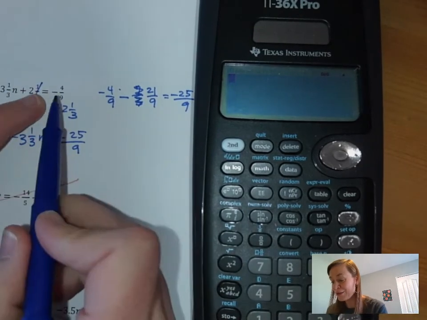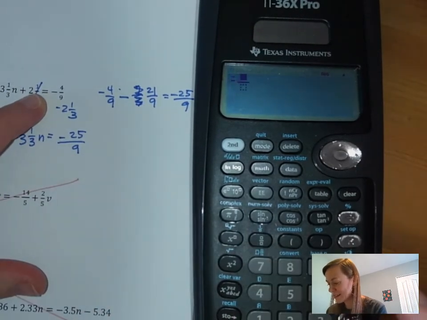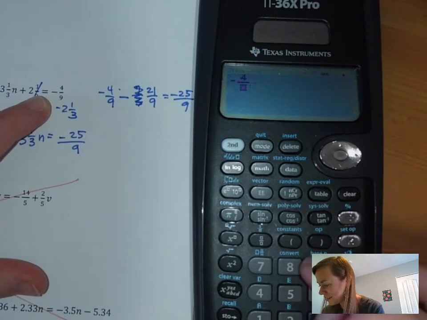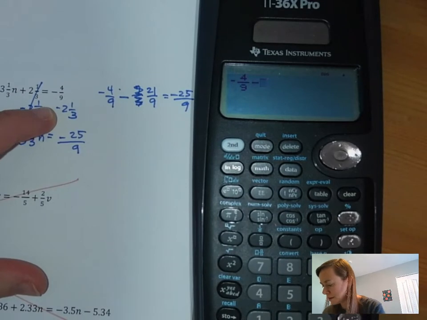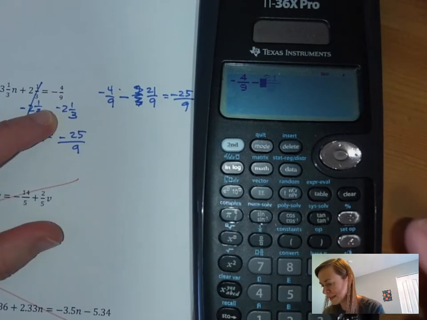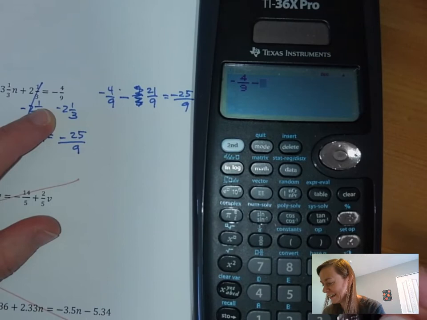So what we were going to do with the calculator is -4 over 9. And then we're going to do minus 2 1/3. And then let's see, does it work? No, I always mess this up. Or how do I do this?